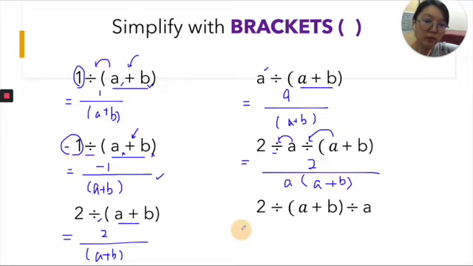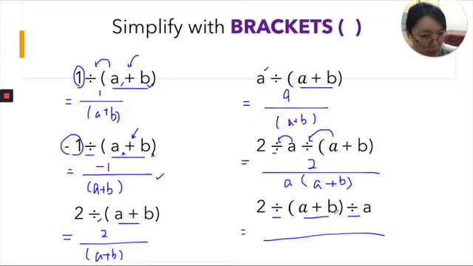And the last one, check my question. I have divide, divide, that means I must have a divide line. Look at the bracket, inside the bracket, can I simplify? No, leave it. First one on top, second one after divide at the bottom, together with the bracket, after divide at the bottom together.